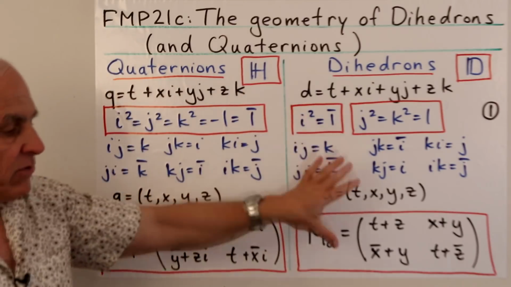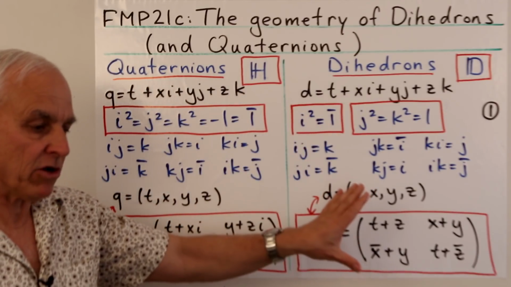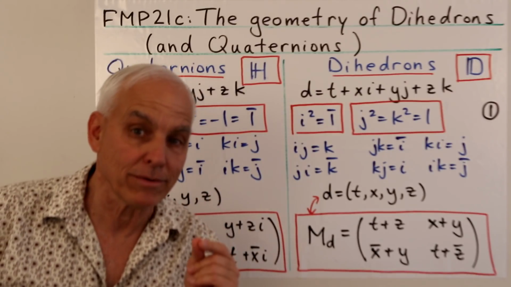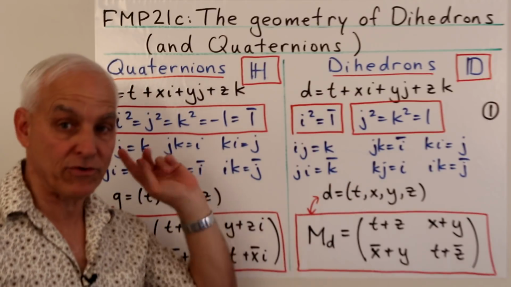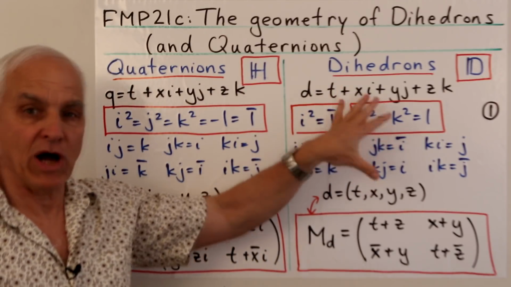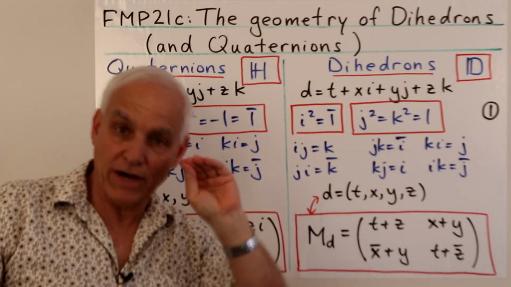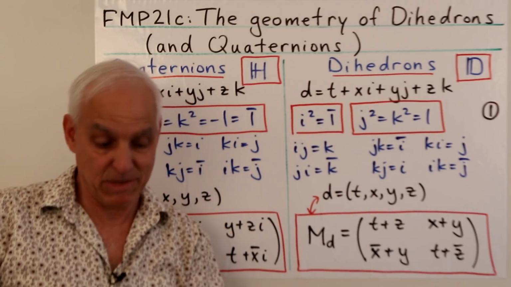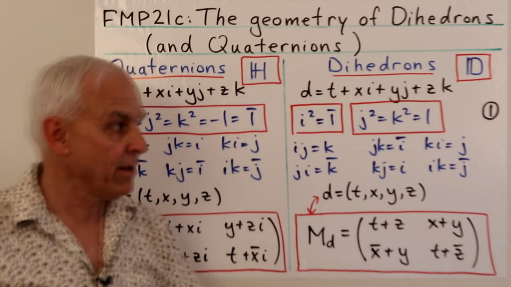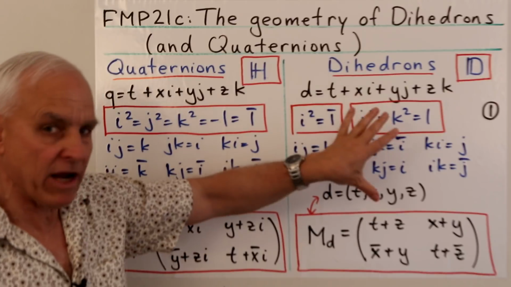Now, for dihedrons, the story is much less familiar, but ultimately actually, I think, more fundamental than the quaternions. And it's really worth the effort to understand what's going on here if you are a student of mathematics, especially an undergraduate or a graduate student. You're going to learn a lot by looking at this situation very carefully.